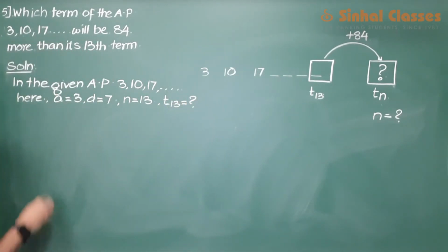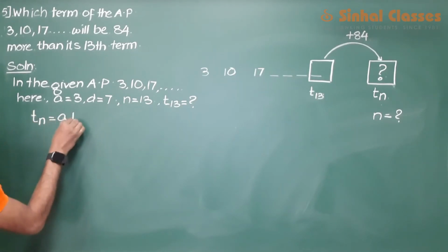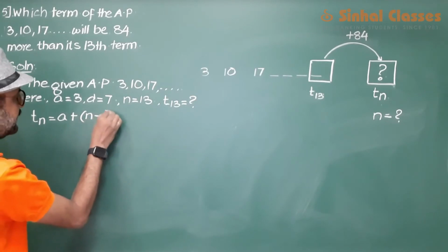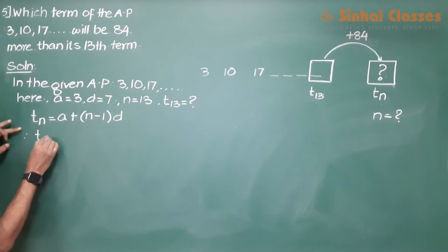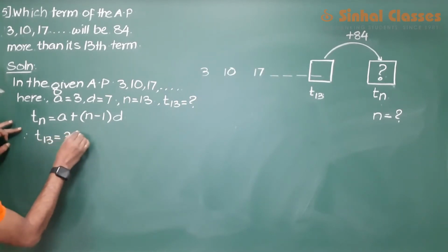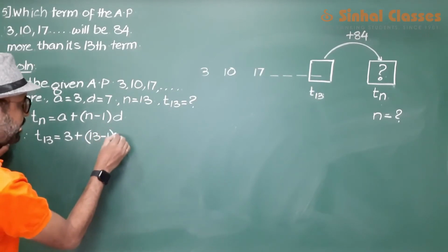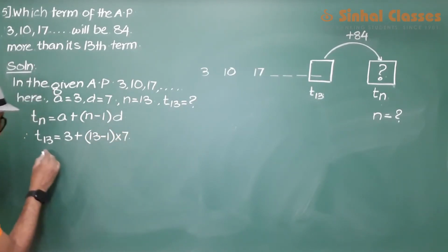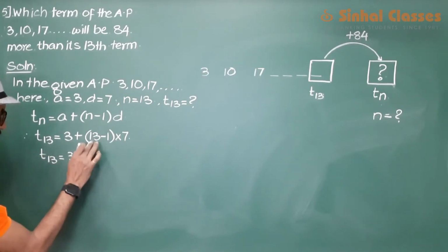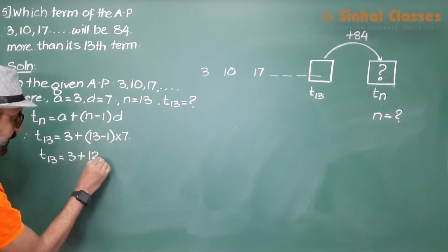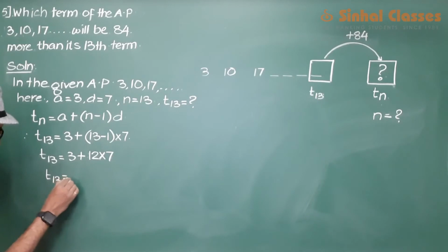So we will get Tn is equal to A plus n minus 1 into D. T13 is equal to 3 plus 13 minus 1 into D. T13 is equal to 3 plus 12 into 7, which is 84.